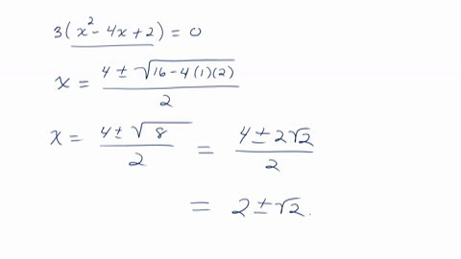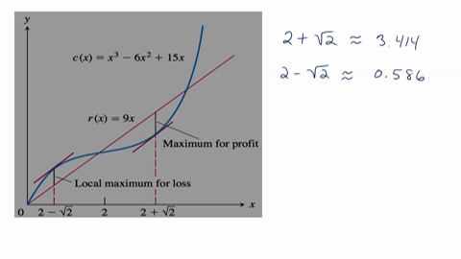So we have two solutions here, 2 plus the square root of 2 and 2 minus the square root of 2. 2 minus the square root of 2 is approximately equal to 0.586, and 2 plus the square root of 2 is approximately equal to 3.414.